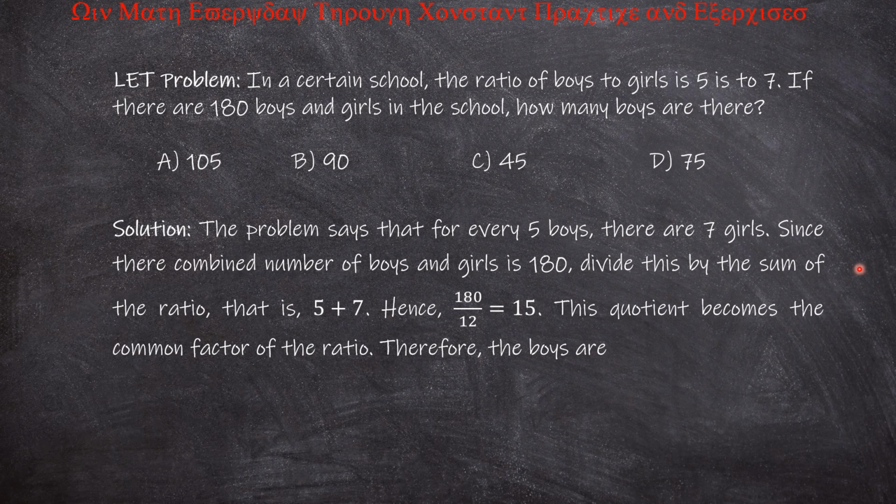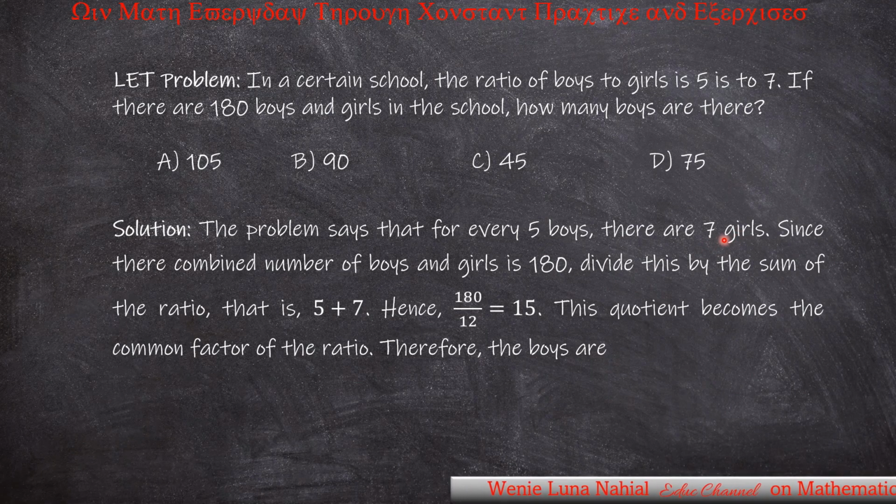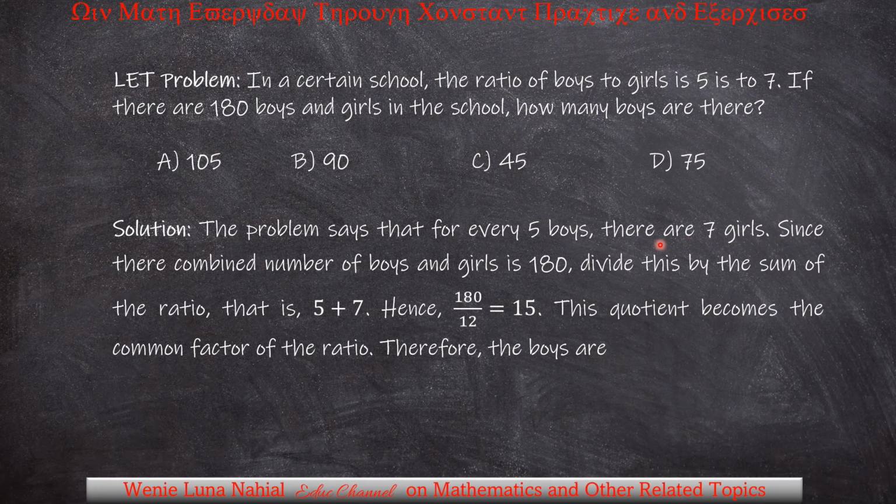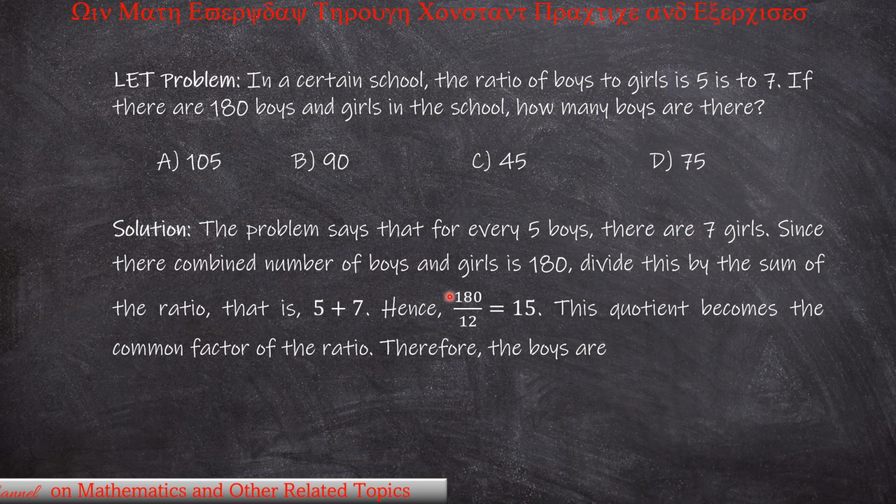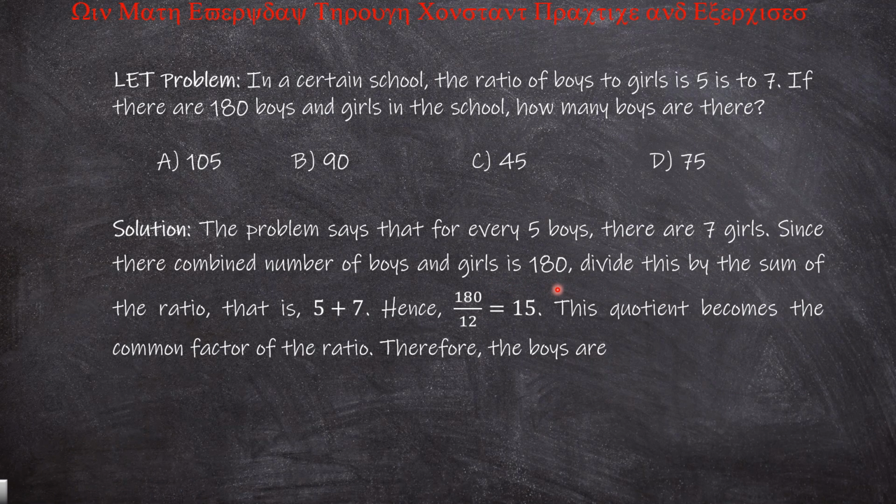Solution: the problem says that for every 5 boys, there are 7 girls. Since their combined number of boys and girls is 180, we have to divide this by the sum of the ratio. That is 5 plus 7, which is equal to 12.